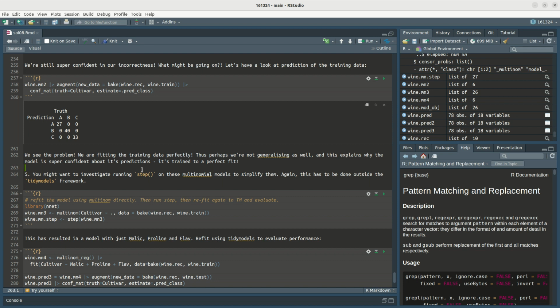Okay, so here we've got a model that's not getting it perfect on the test set, but is super confident about its predictions. So the predicted probabilities for the ones it's getting wrong are essentially 1.